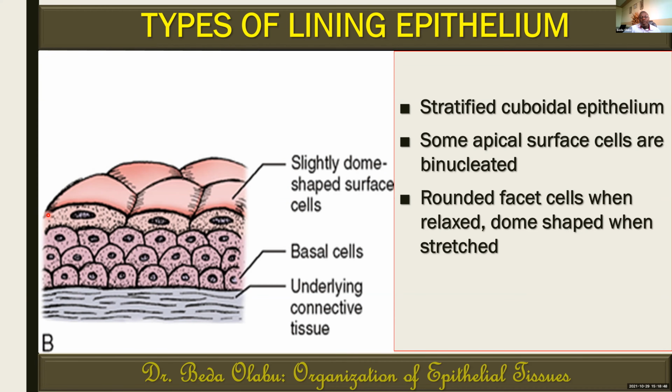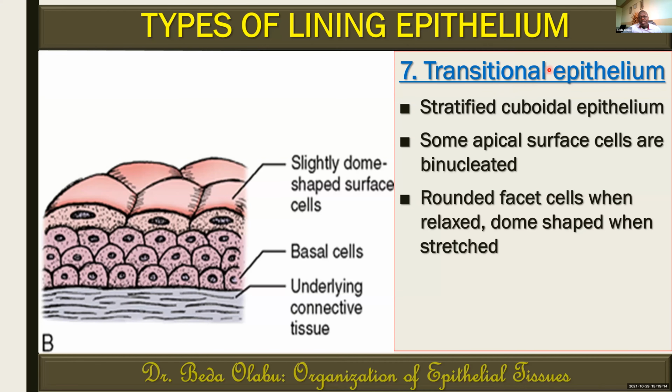Then the second parameter that changes is the shape of the cells on top. Originally, they were cuboidal, but now they are moving towards being squamous. So how should we call this epithelium? We call it transitional epithelium.